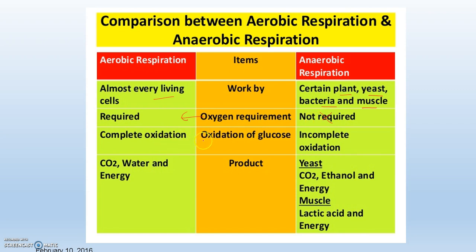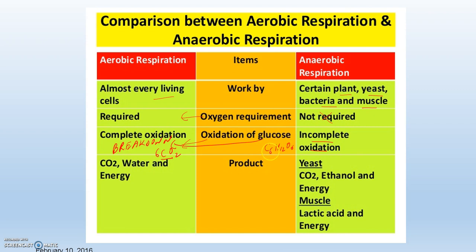Aerobic respiration is complete oxidation, which means complete breakdown of glucose to 6 molecules of carbon dioxide, right? In anaerobic, there's always an incomplete oxidation. So you're not going to fully break down all 6 atoms of carbon.